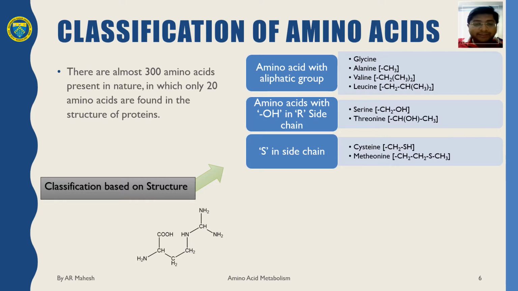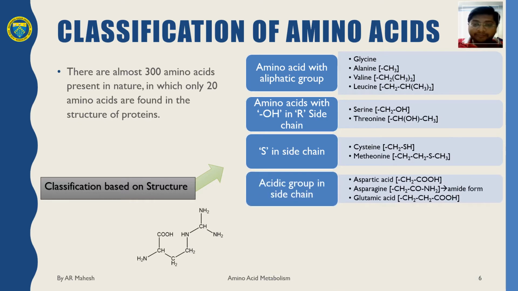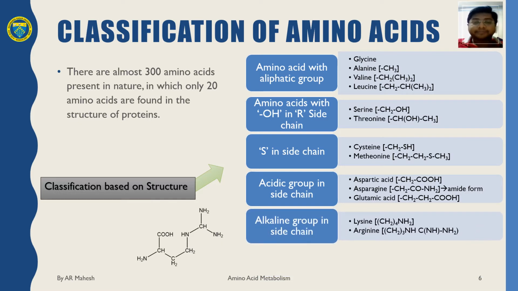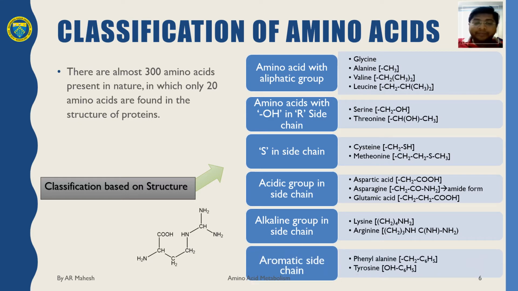Amino acids with sulfur in the side chain, cysteine and methionine. Acidic group in the side chain, aspartic acid, asparagine, glutamic acid. Alkaline group in the side chain, lysine and arginine. And aromatic side chain, phenylalanine and tyrosine. So this is the basic chemical classification of amino acids.